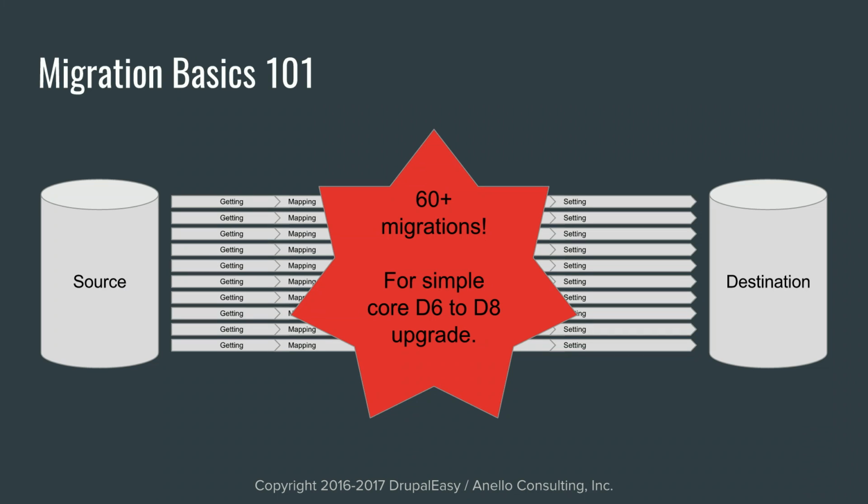Well, because unlike the migrate module for D7, the migrate module for D8 does more than migrate content. It also migrates configuration, which is pretty cool. Which means if you have a custom content type in D6, there's a migration here for migrating your fields and your field widgets and your field displays and everything there is about the information architecture of that content type.